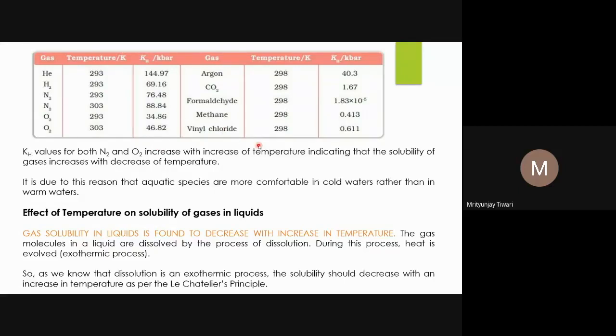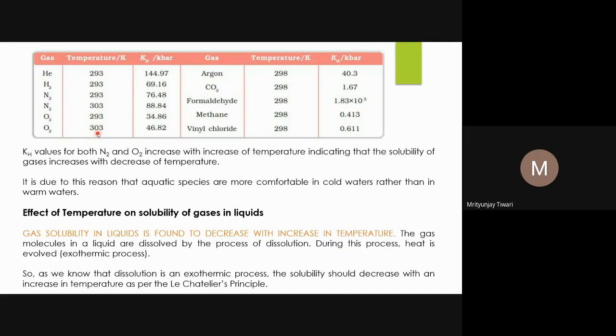Recently we talk about global warming, and global warming means the increase in the temperature of the earth. Increasing the temperature of earth, we are increasing the value of kh, and by increasing the value of kh we are decreasing the solubility of oxygen in water.